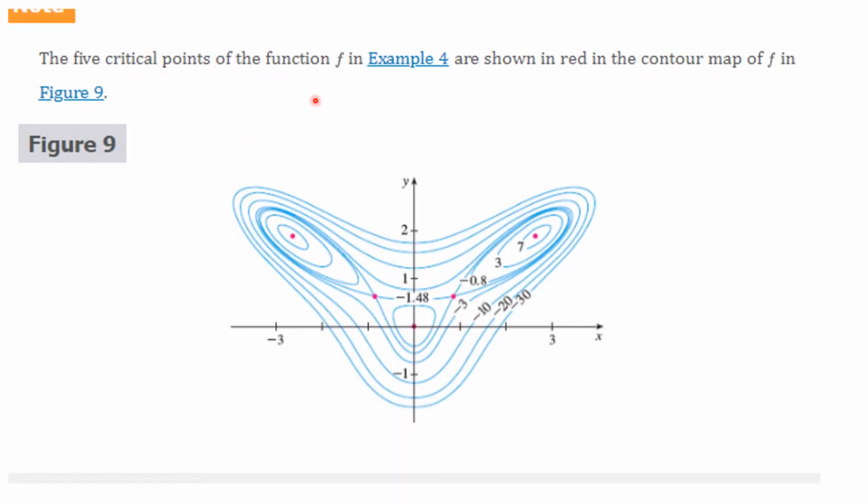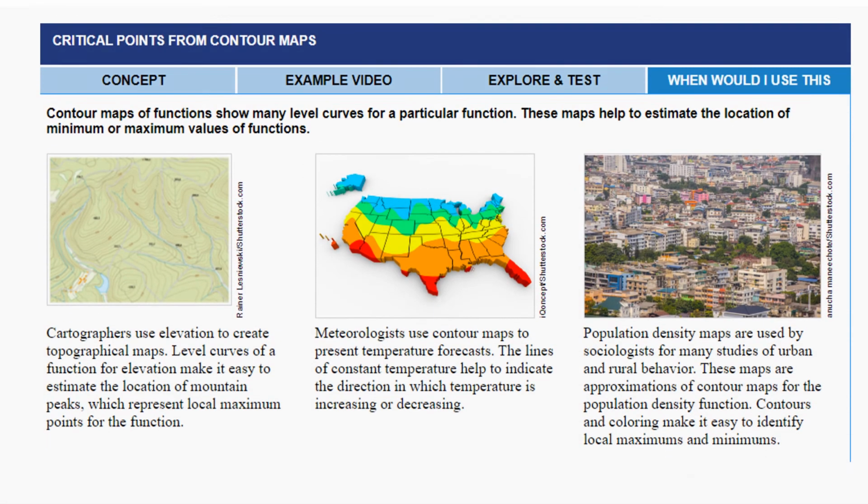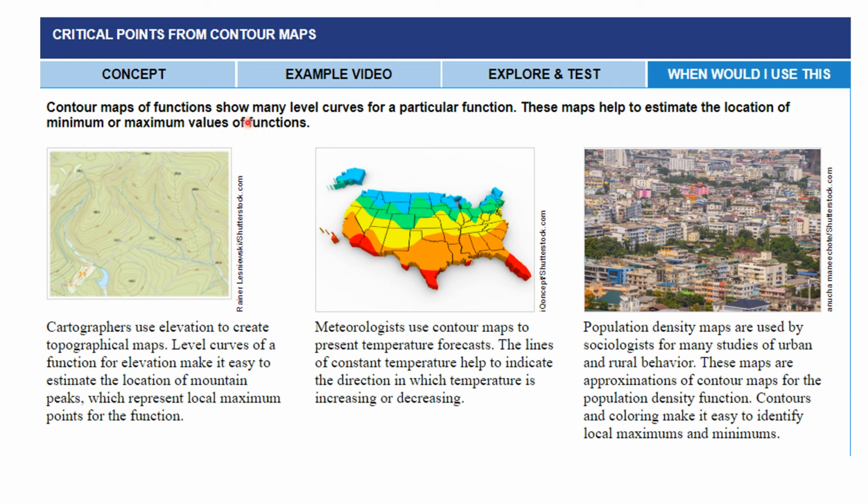The 5 critical points that we talked about before can be shown in red, and we see as before where we have relative maximas, minimas, and saddle points. And from contour maps, we see that contour maps show many level curves for a particular function.